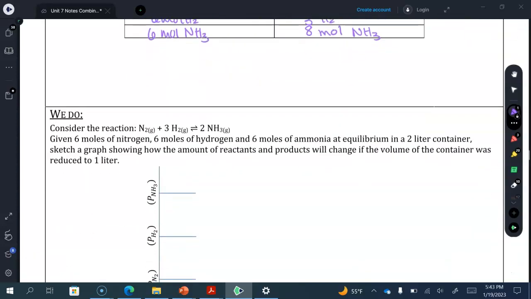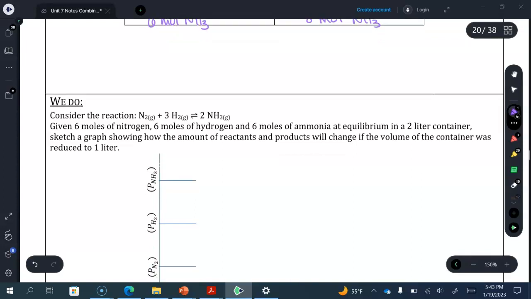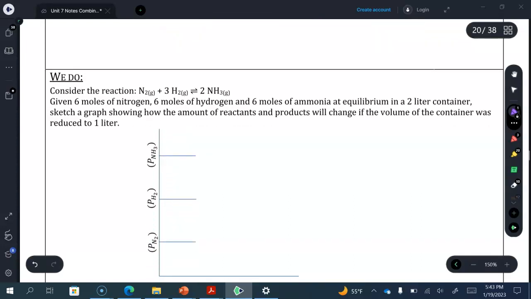Considering the same reaction, sketch a graph showing how the amount of reactants and products change if the volume of the container was reduced to 1 liter. We're going to try to keep it the same, where we see ammonia increasing. We see hydrogen gas decreasing quite a bit.